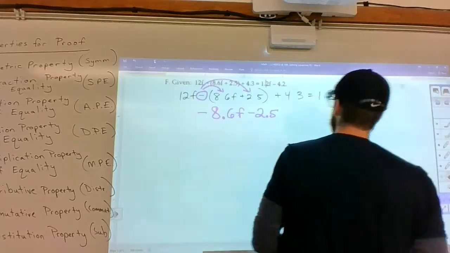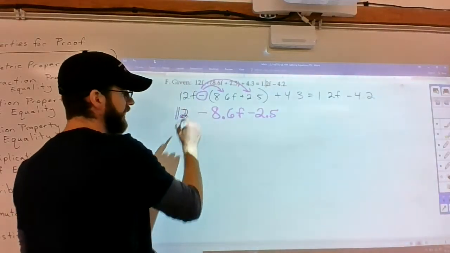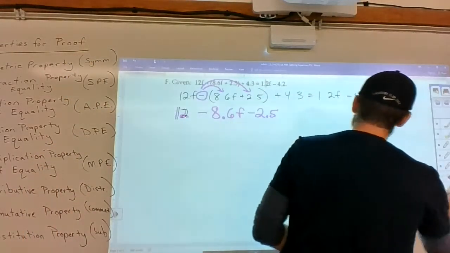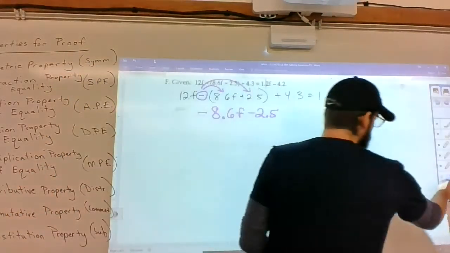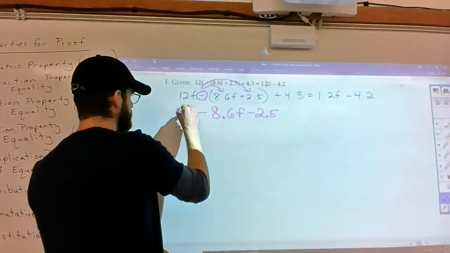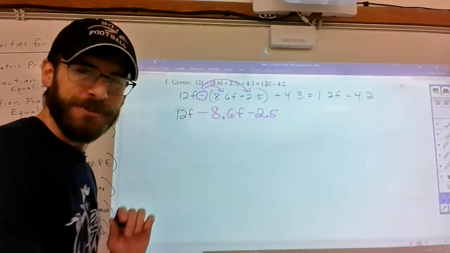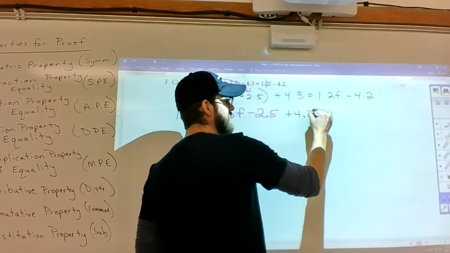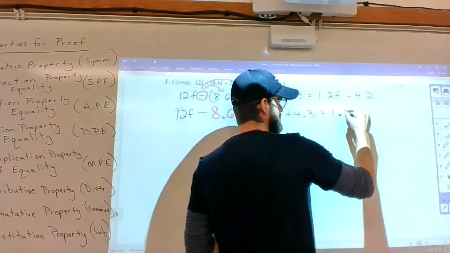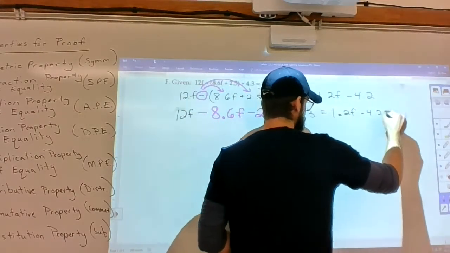Drop down the 12f. 12f brought down plus 4.3. Everything else on the right-hand side stays as is.